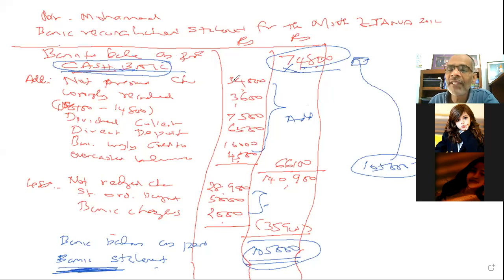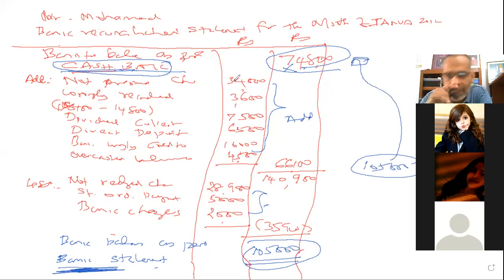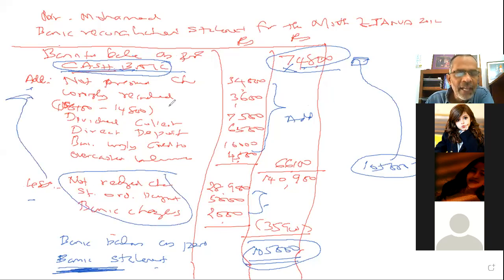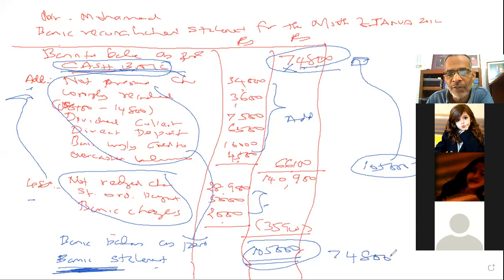If you are doing the other method, now I have finished off the first method. If you are doing the other method, 105,000, yes, you want to record it. There is no change, add and less. What are the items I have deducted would be added. What are the items I have added would be deducted. Then your answer will be how much here?